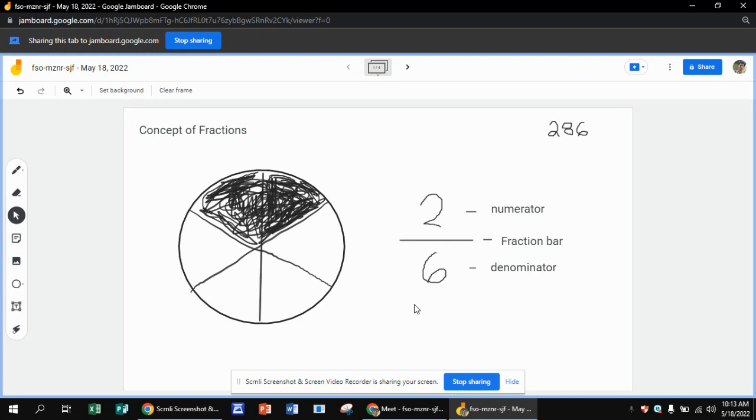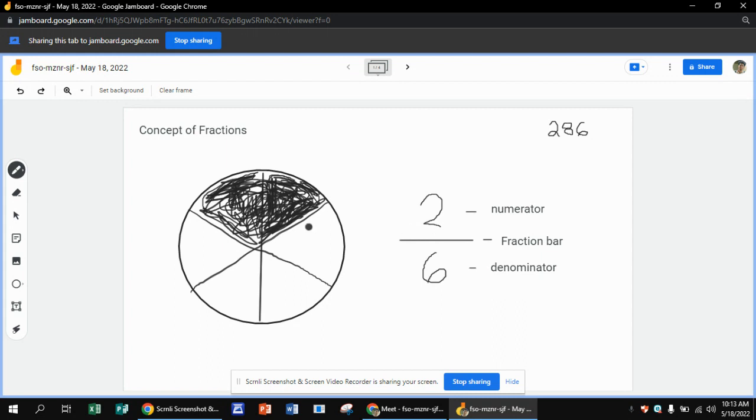In the denominator, we count everything, including the shaded region and even the unshaded region. So how many parts does our pizza have? Six. Both the shaded and unshaded regions are involved. In total, we put in the denominator the total pieces of pizza, 6 pieces, right?